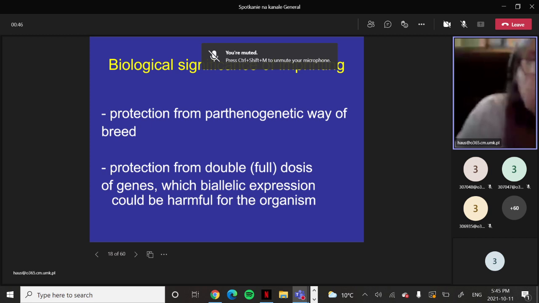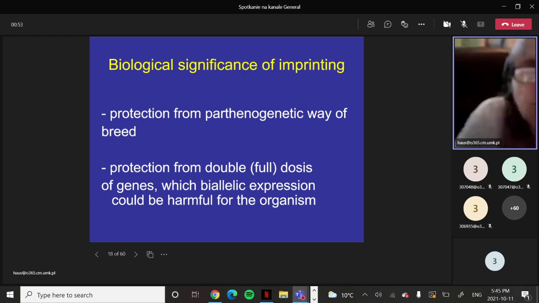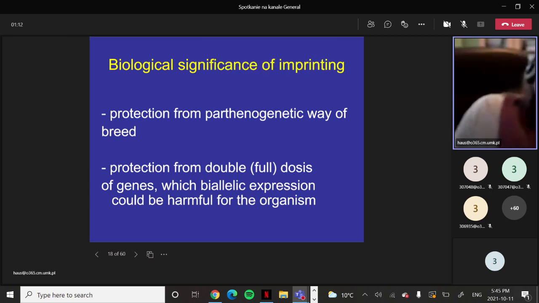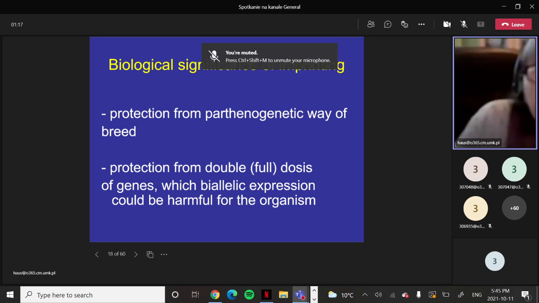Why? Because there is no exchange of genetic material, and this exchange allows for better living, allows for good health, even if environmental factors change.